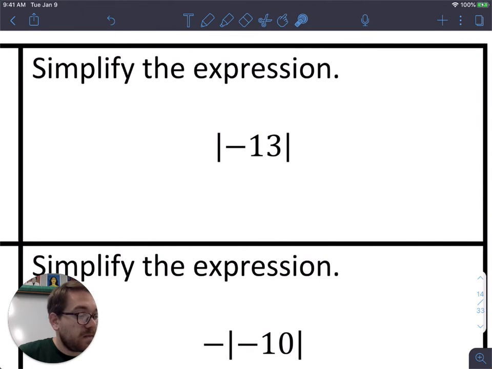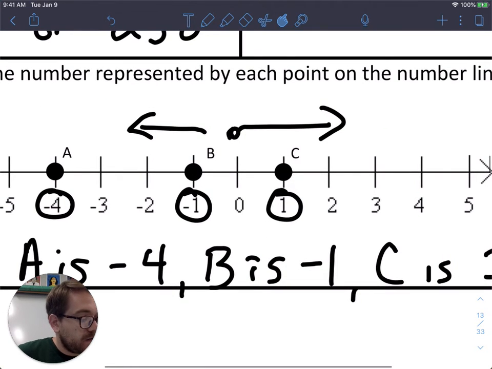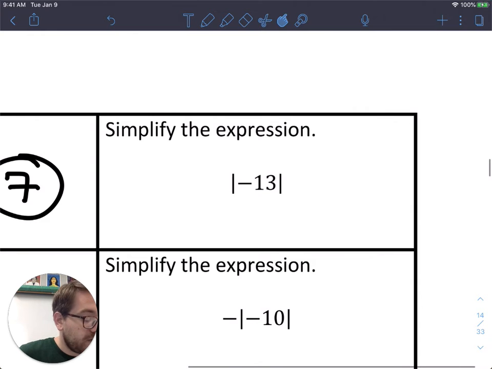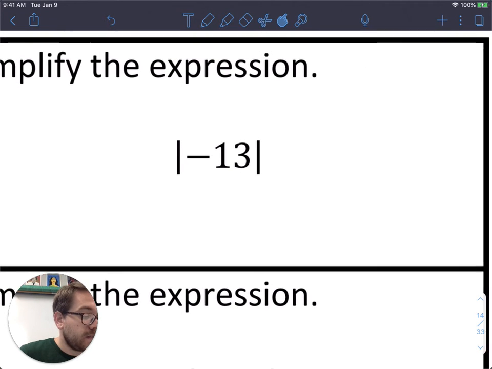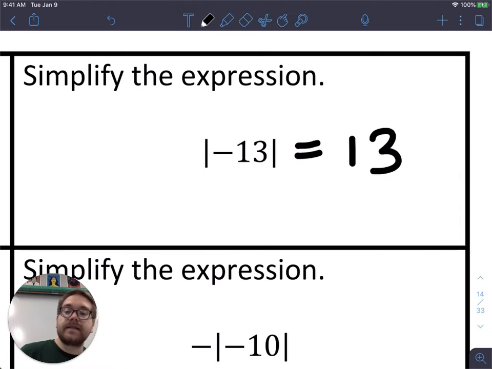If I go back here, if here's 0 and here's -5, how far is -5 from 0? 1, 2, 3, 4, 5. It's 5 jumps. It would be the same thing for -13. It would take me 13 whole number jumps to get there. So the absolute value of negative 13 is 13, because that's how far it is from 0.